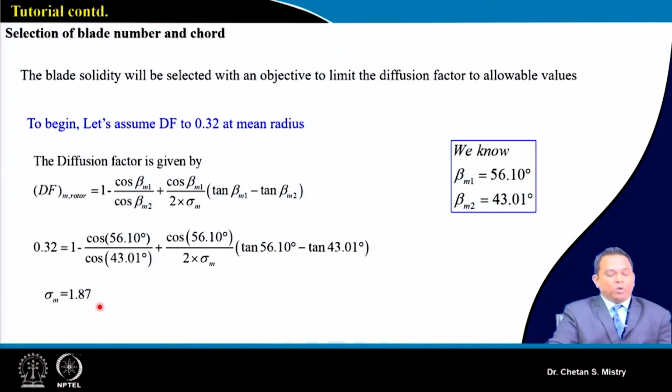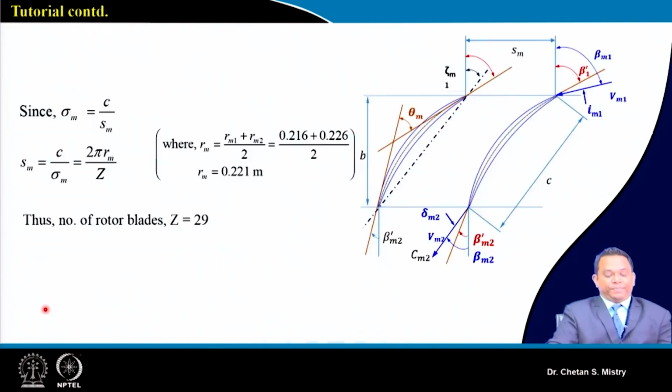It says my solidity at the mid station is coming 1.87. Once this solidity is known to us, it will help us calculate my number of blades. My number of blades is 2 pi r by z. Based on my pitch calculation, my number of rotor blades is coming 29.